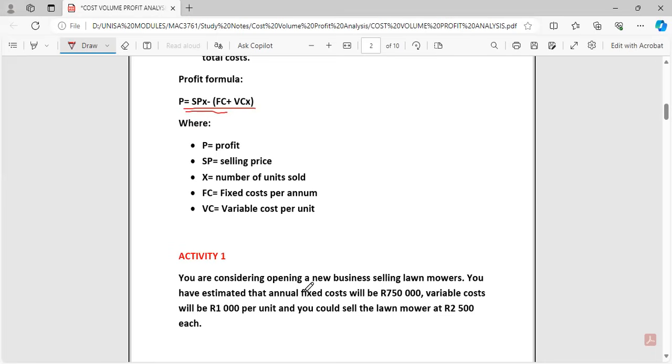They say you are considering opening a new business selling lawnmowers. You have estimated that annual fixed cost will be 750,000. Variable cost will be 1,000 per unit, and you could sell the lawnmower at 2,500 each.